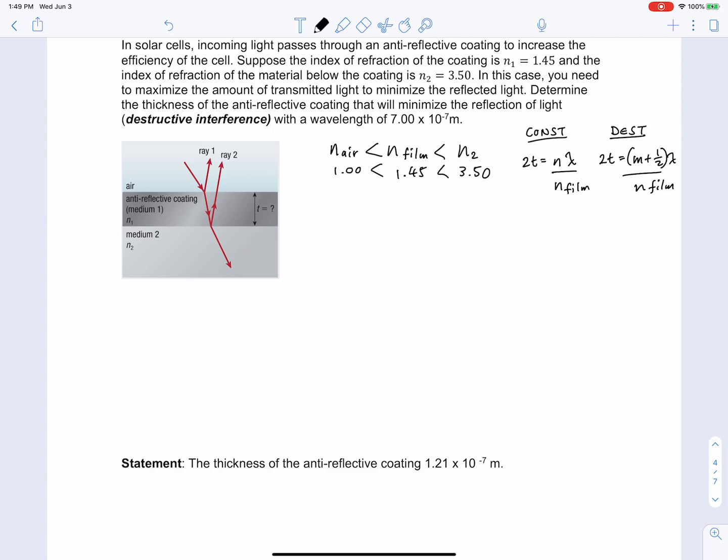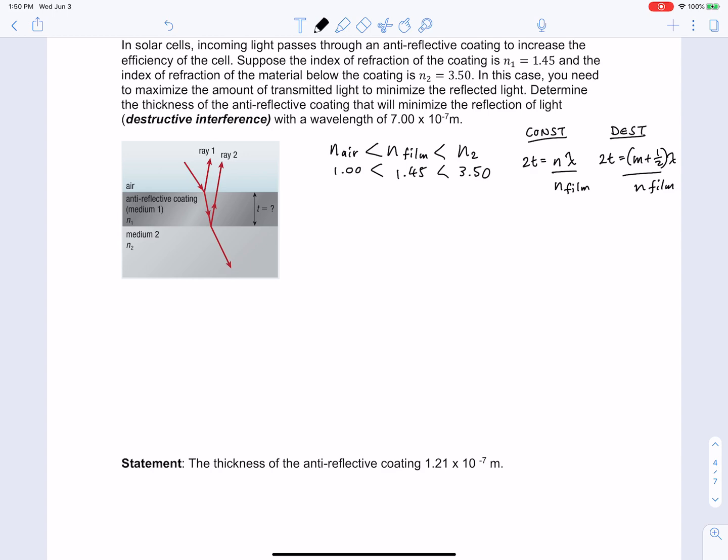This means that the distance 2t that ray 2 must travel compared to ray 1 is equal to lambda over 2. Therefore, we use the formula for destructive interference when both waves change phase, which is the same as when both waves have no change of phase. So we'll set m equal to 0.